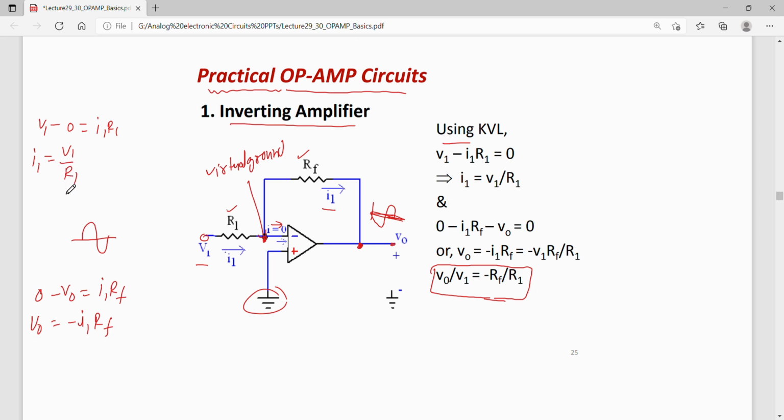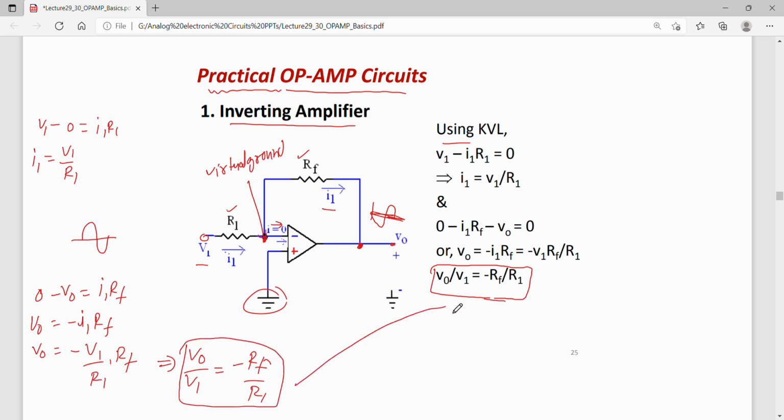So V0 becomes minus V1 by R1 times RF, and if I bring V1 down, V0 by V1 is minus RF by R1. So this is the gain of this amplifier.